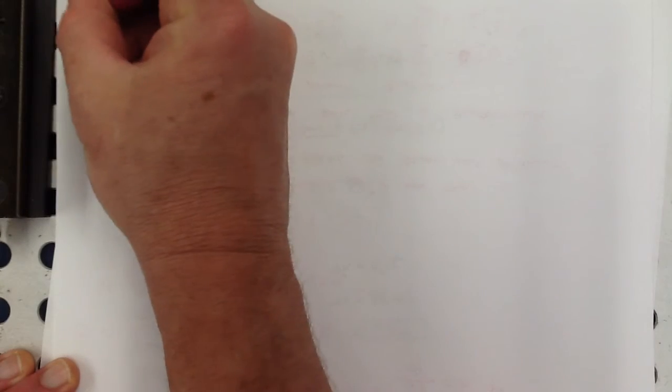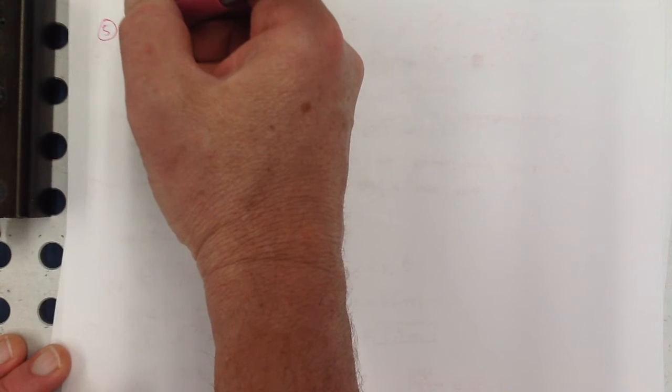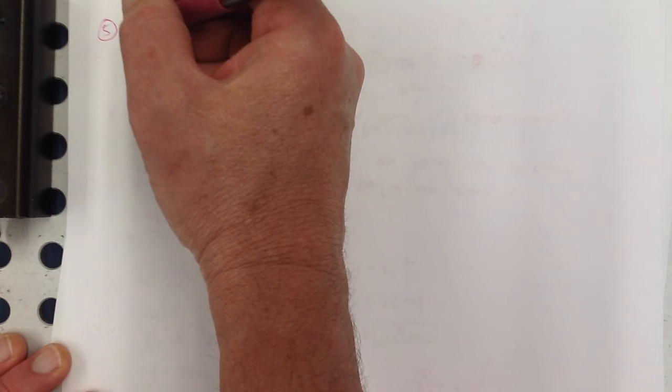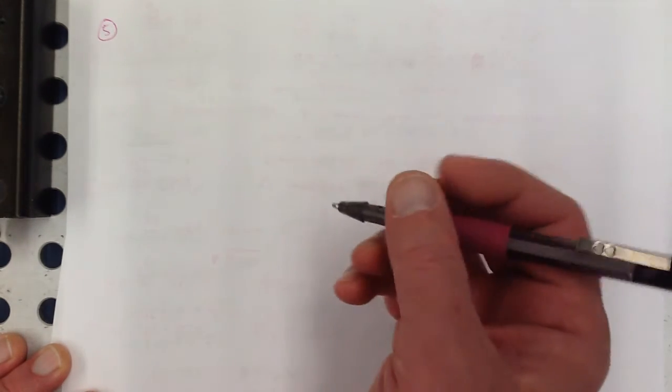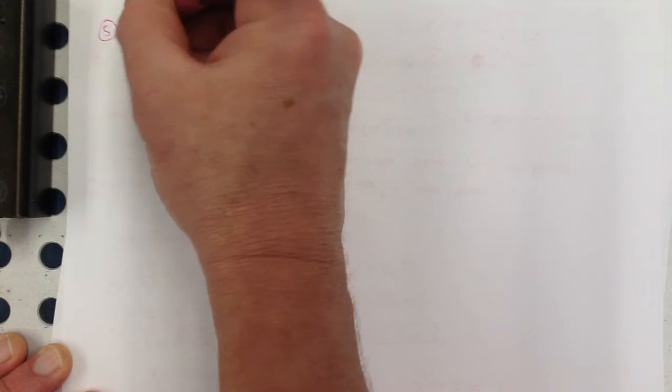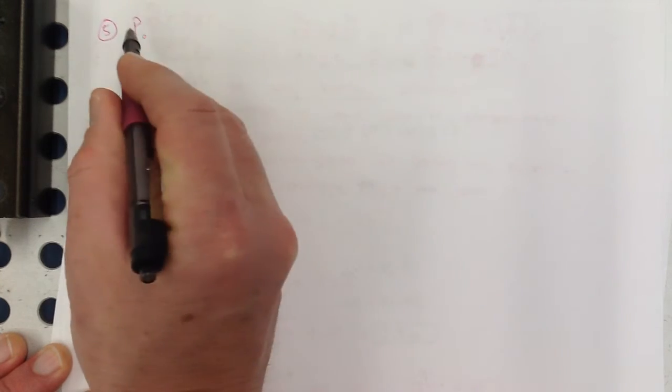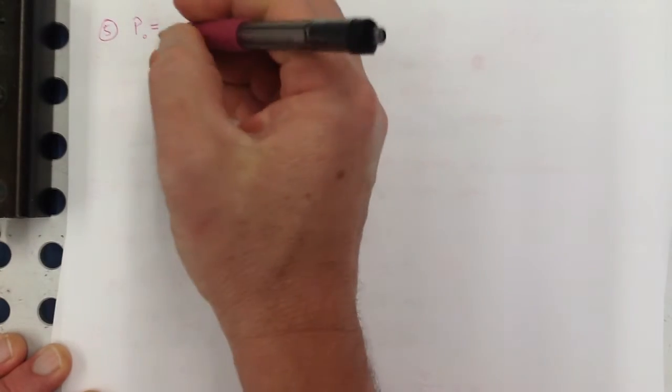All right, now 5 and 6, we're going to try to take this a little bit further and do what we were doing in 1 through 4, but then actually apply it to a particular situation. So in 5, we've got an initial population of 10,000 bacteria. I'm going to call that P sub 0, P for population, that's the letter name I'm going to choose. You could call it y if you wanted to.